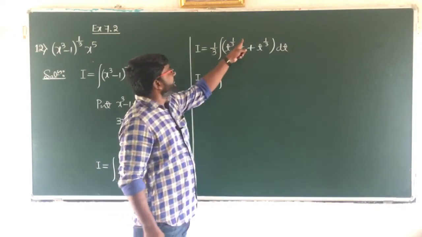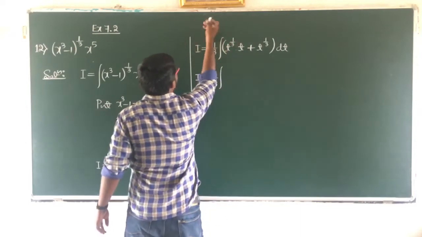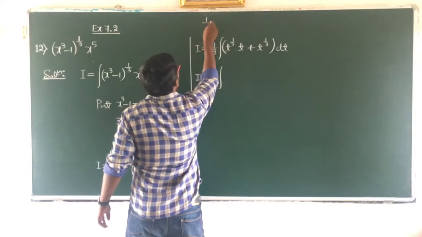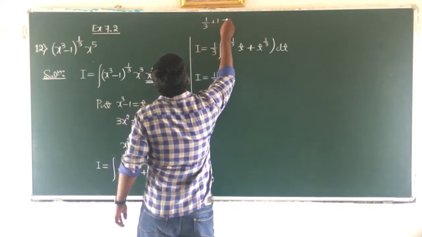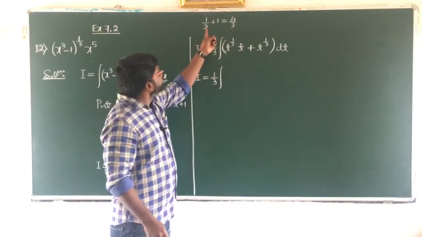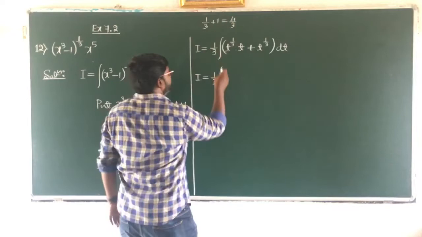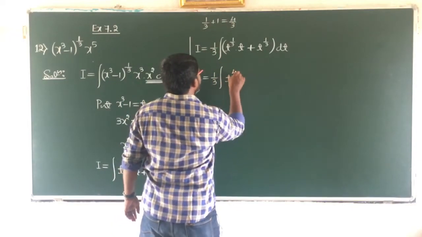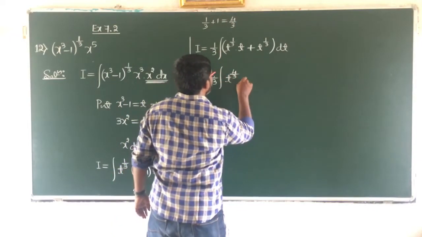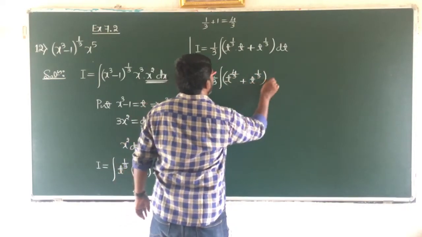So there will be 1 plus 1/3, since a^m into a^n is a^(m+n). Now 1/3 plus 1 is 4/3. Take the LCM, 3 will be multiplied with 1, 1 plus 3 is 4, so 4/3. So this can be written as t^(4/3) plus t^(1/3), dt.